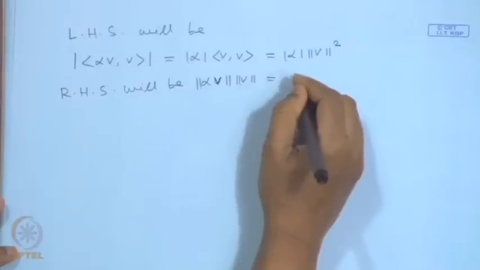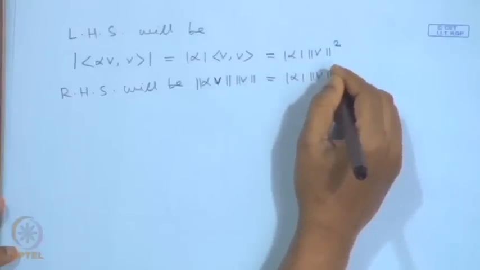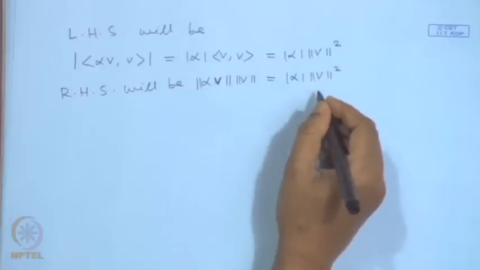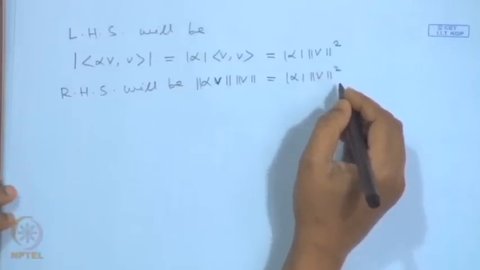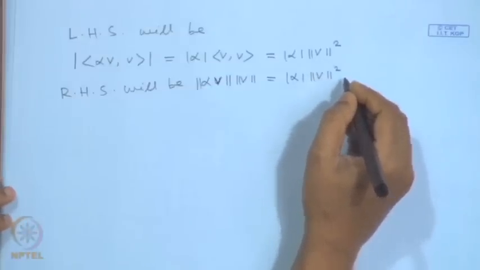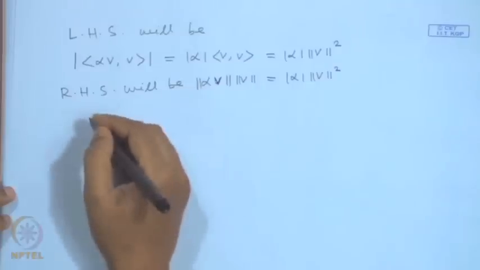This is equal to absolute value of alpha norm of v times norm of v, that is, square of norm of v. So, here we can see that LHS is equal to RHS. So, equality holds in the Cauchy-Schwarz inequality.